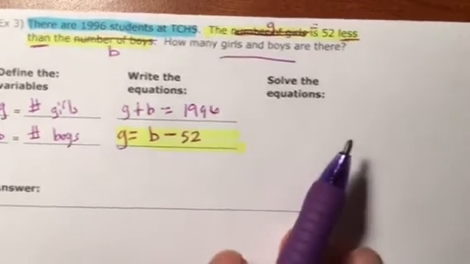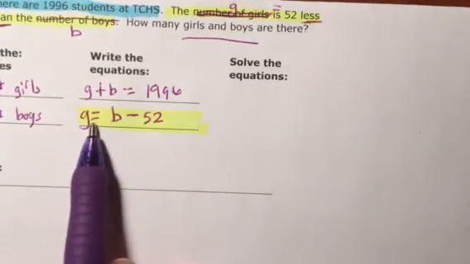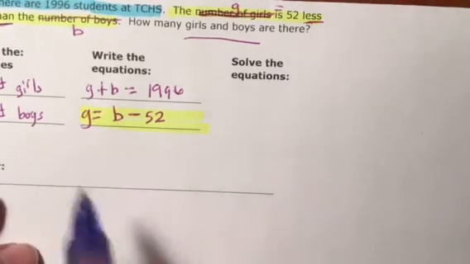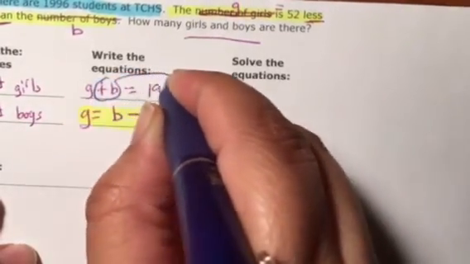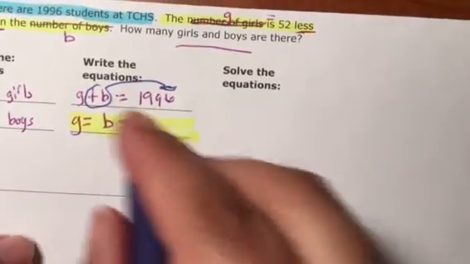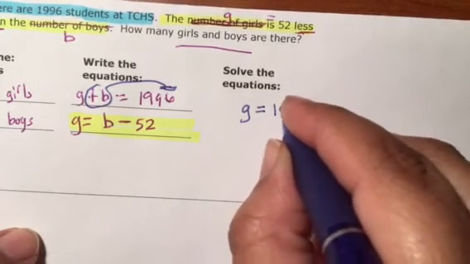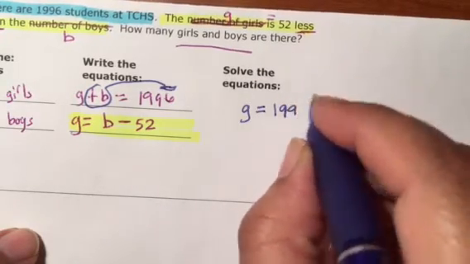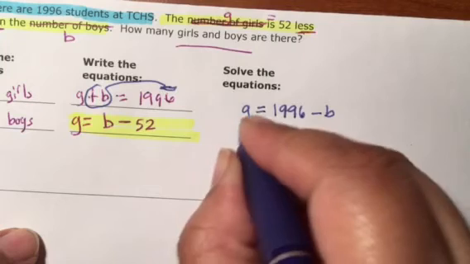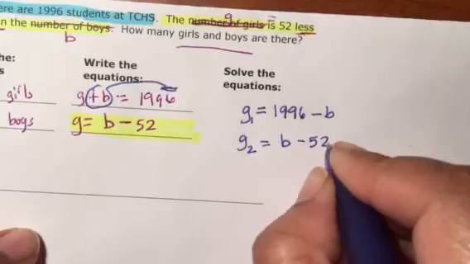This one's a little easier because it already gave you which one to solve for. So I'm going to move the B, because G is already solved for on the other equation. When I move that B over, I have 197 minus B. That's Y1, and Y2 is going to be B minus 52.